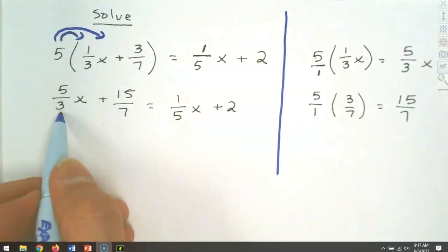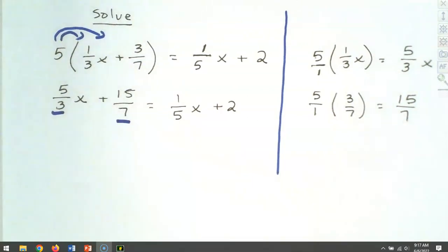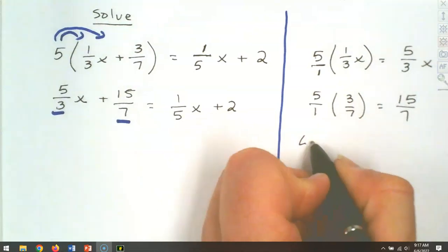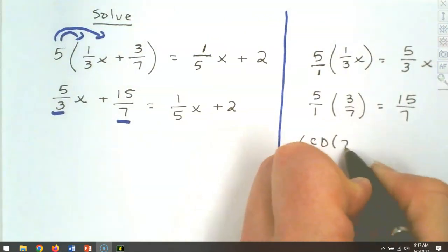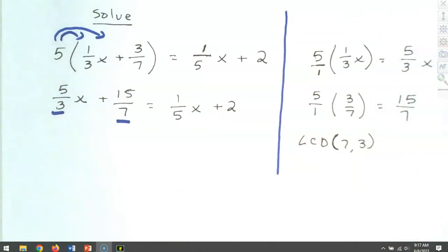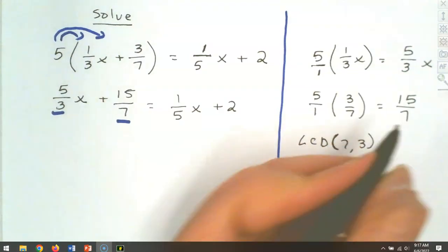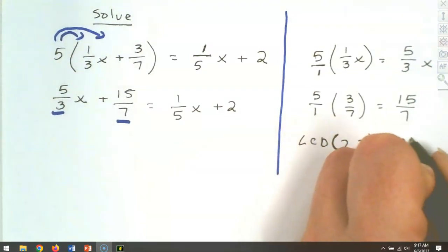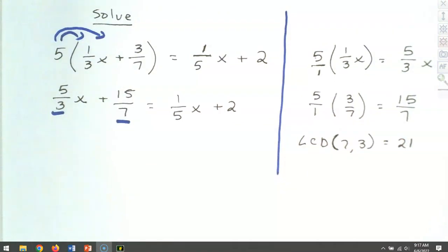If I just look at my first 2 denominators, let's find the least common denominator of 7 and 3. Well, do 7 and 3 have anything in common at all? No. What's the least common denominator of 7 and 3? Well, it would be 7 times 3, which is 21.